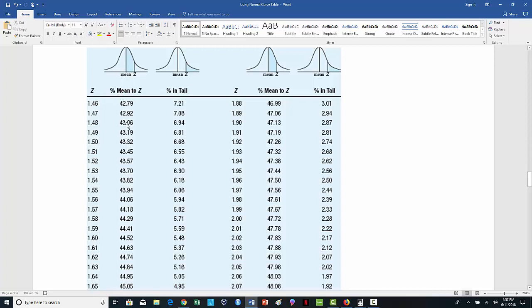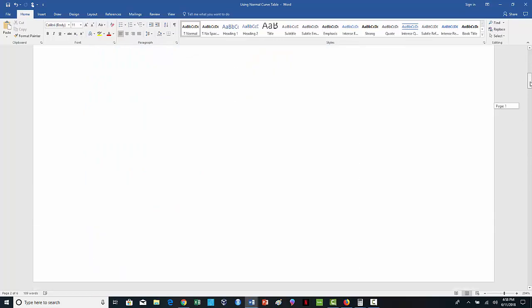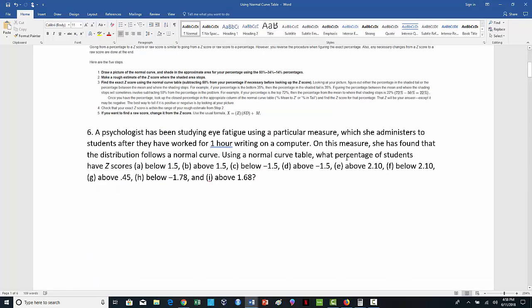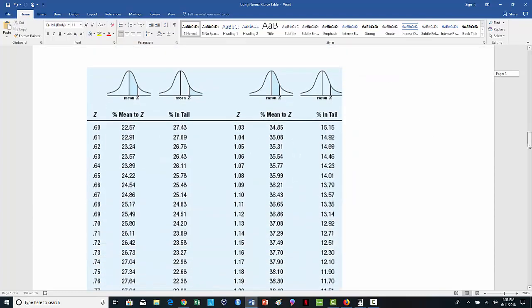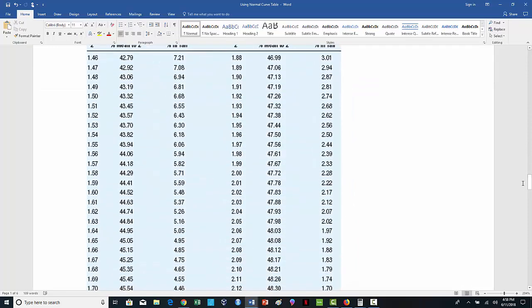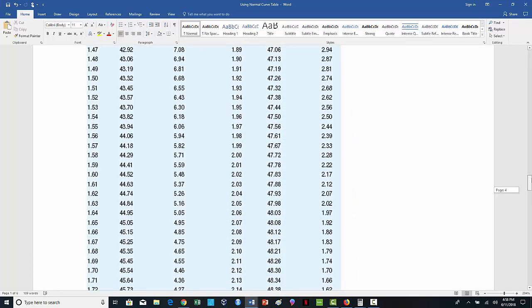So now that 43.32 is going to be an area right here between the mean and the negative z-score of negative 1.5. So let me remind myself, you have to keep going back and thinking about these questions. What percentage of students have z-scores below that negative 1.5? So again, draw it out.